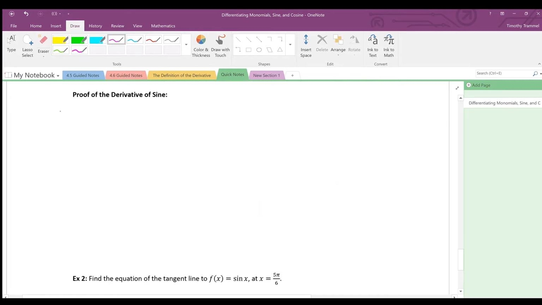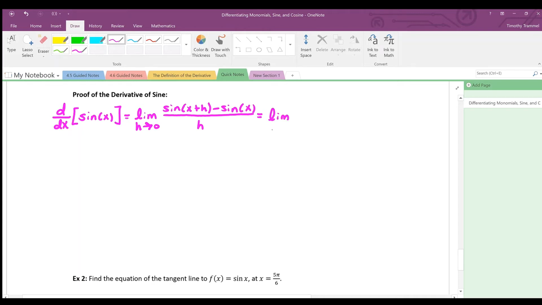All right, let's show that the derivative of sine of x is equal to cosine of x. We'll have sine of x plus h minus sine of x, and then this is all over h. And I'm going to continue working on this line right here because I didn't give us very much room to do this.